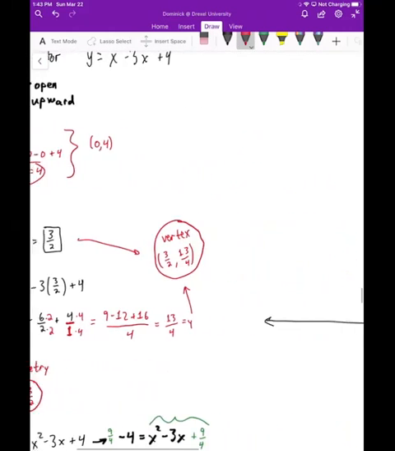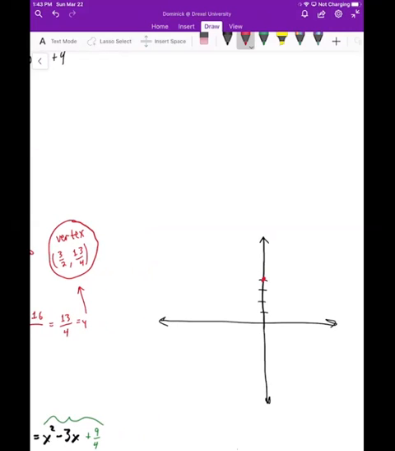We know that we have a vertex at that horrible fraction, so it's 3 over 2 comma 13 over 4. So of course 3 over 2 will be halfway between 1 and 2. And 13 over 4, let's see, so 4 goes into 13 3 times with 1 left over. So we're going to get something right about there, right? Because we get 3 and 1/4, so it's going to be a little bit above 3.